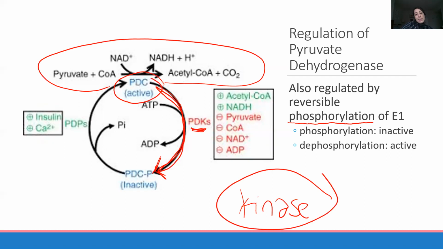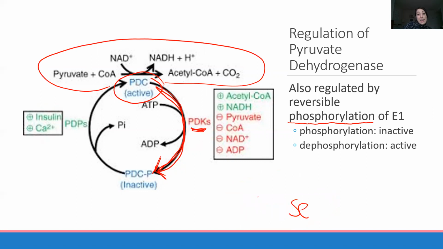We've already seen kinases in glycolysis. There are lots of kinases. The word kinase just means that it phosphorylates. So in this case, the pyruvate dehydrogenase kinase is going to phosphorylate pyruvate dehydrogenase. And when it does that, it inactivates it.